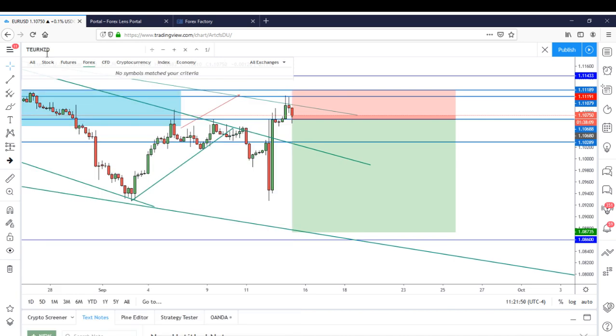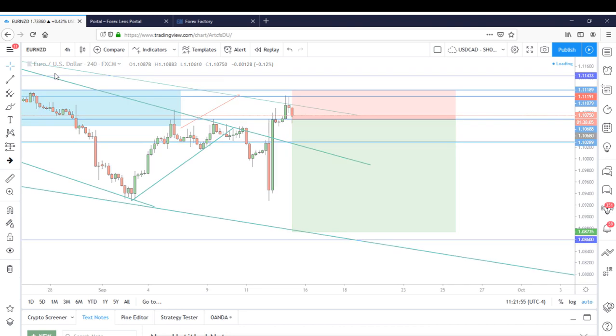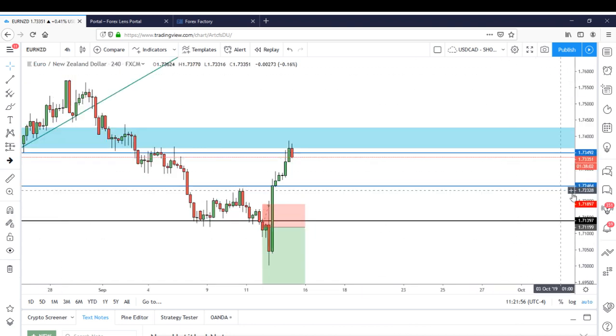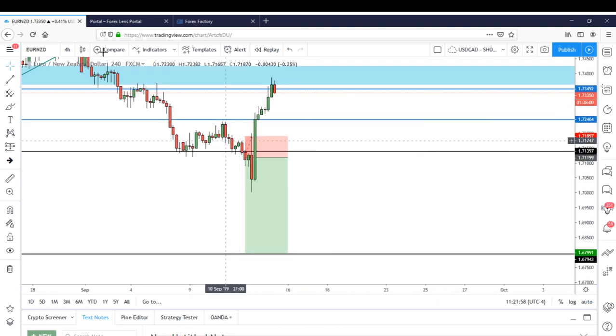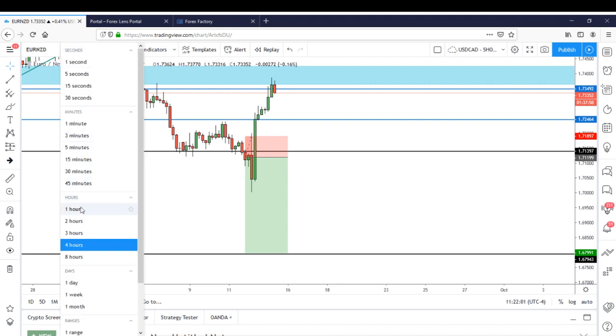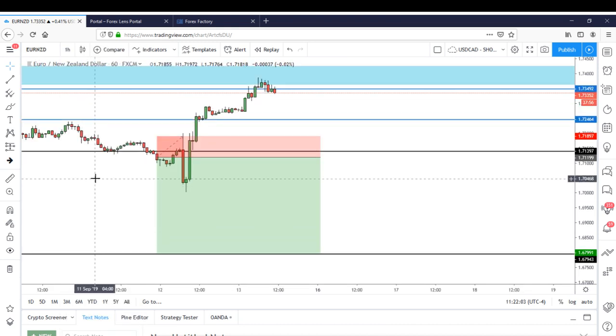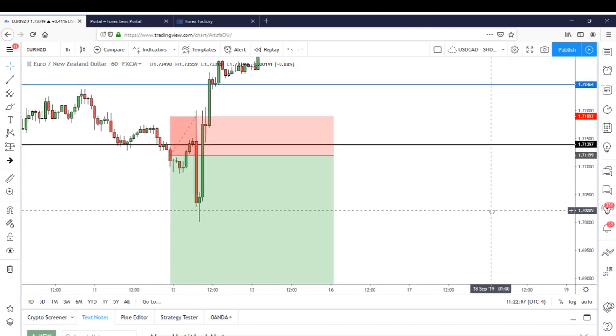And then we had Euro NZD, which was a nice trade which got spoiled by news, but it happens. So here was our short trade that we took. Let's go back to the hourly. And all these trades are explained in our live sessions, and most of them rely on the techniques that I talk about.